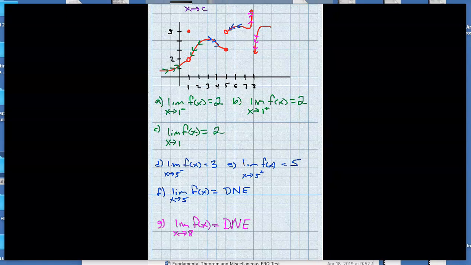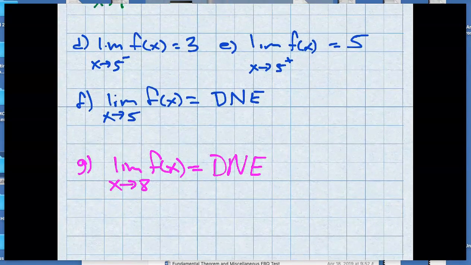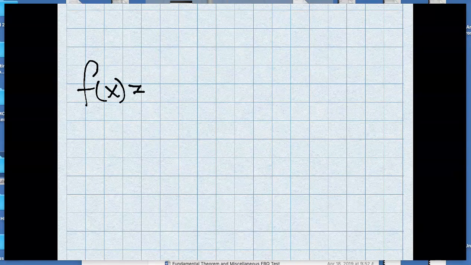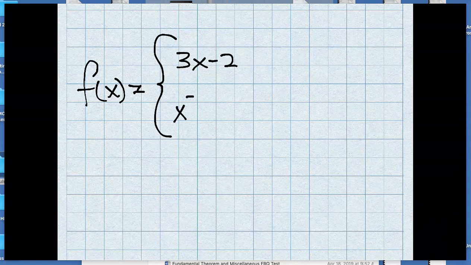All right, let me do a couple more things here. Let's talk about piecewise functions. So what if I gave you a function, I said f of x is equal to 3x minus 2 and x squared plus 4.